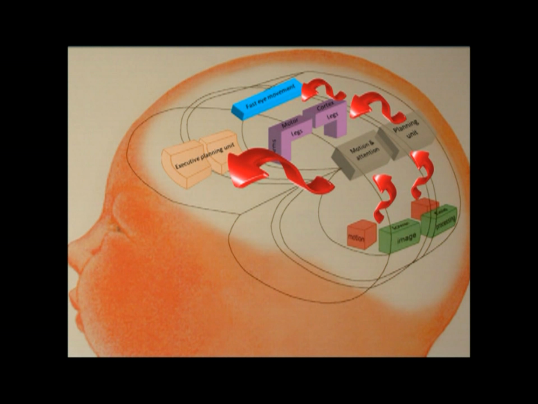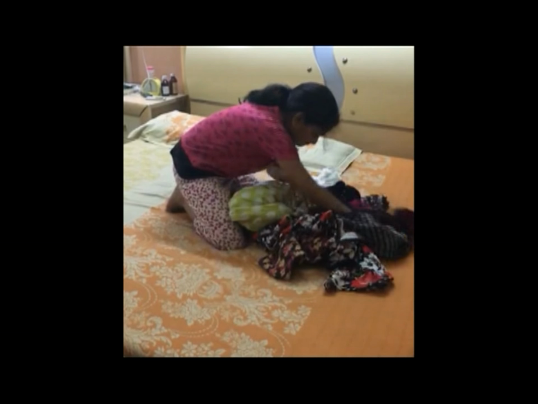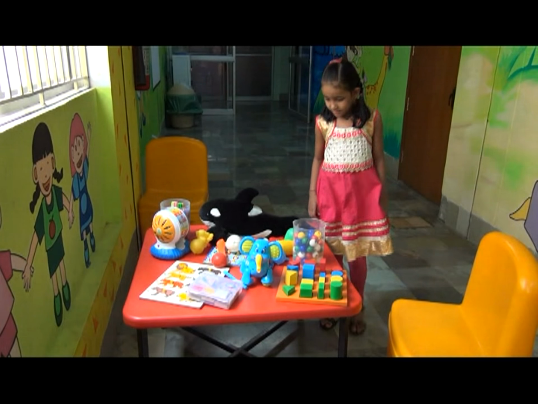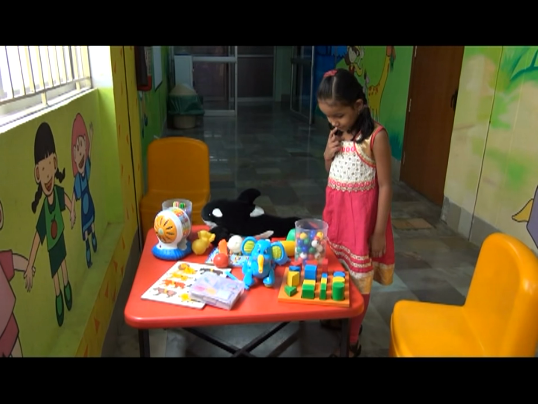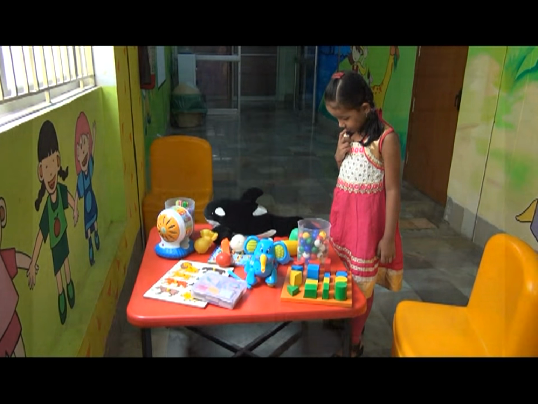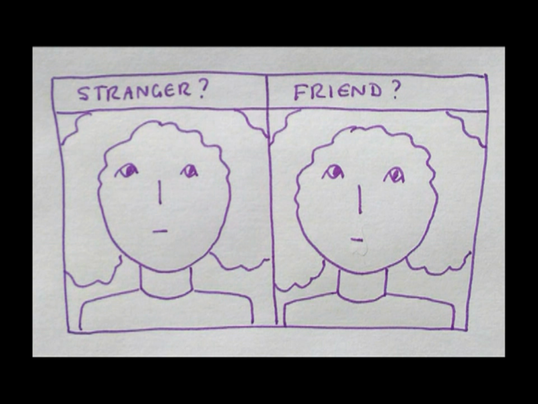If the posterior parietal lobe and dorsal stream is not functioning properly, the child may find it difficult to find their own clothes from a pile of clothes or find a favorite toy from a box full of toys, or to recognize familiar people when they are in a group.